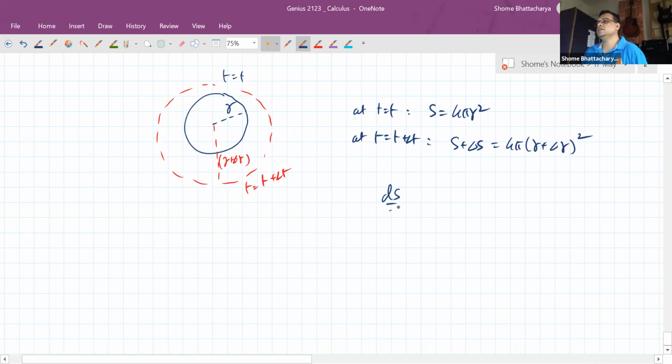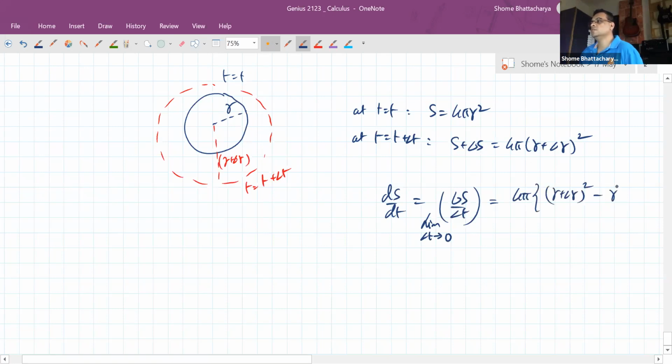So now my instantaneous rate of change of surface area will be delta s by delta t, but with a limit delta t tending to 0. So when delta t tends to 0, delta t becomes dt, and delta r becomes dr. So this will become 4 pi r plus delta r whole square minus r square divided by delta t, with that limit.